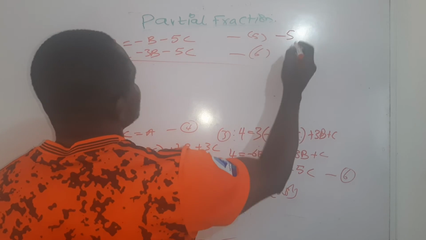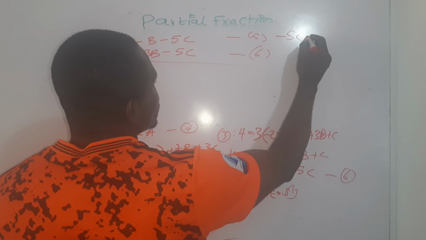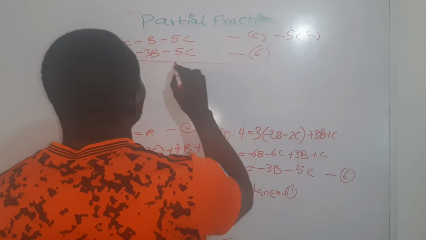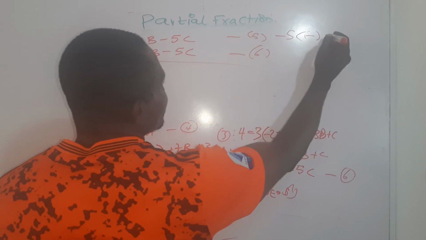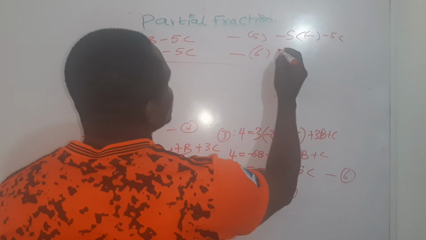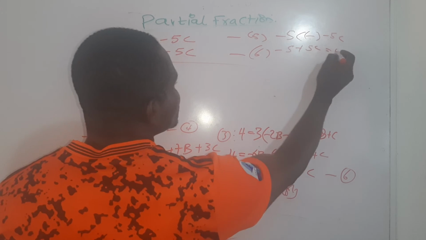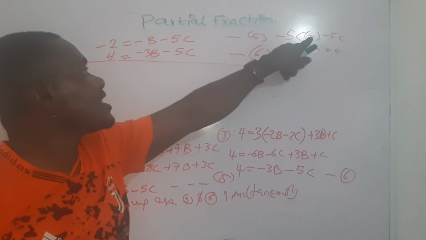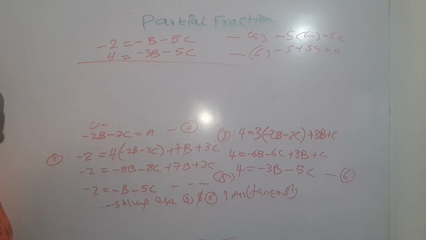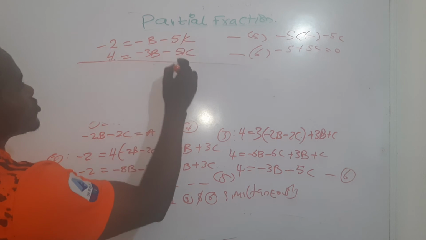Minus 5c minus minus 5c: the minus times minus gives plus 5, so this becomes 0. I apply this negative throughout the whole expression, so this and this cancel, becoming 0.